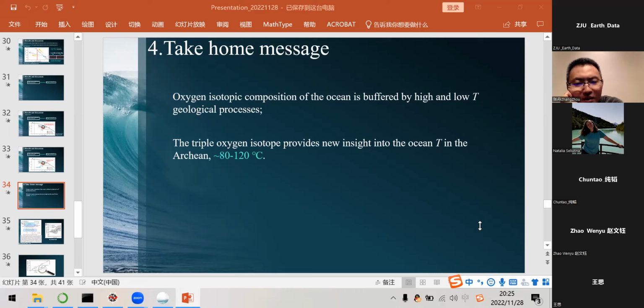So does that also mean that for the Archean, if this scenario is the case, land weathering will also be very efficient? Because if evaporation is very efficient, that likely means more precipitation, so we will have a very rainy Archean.